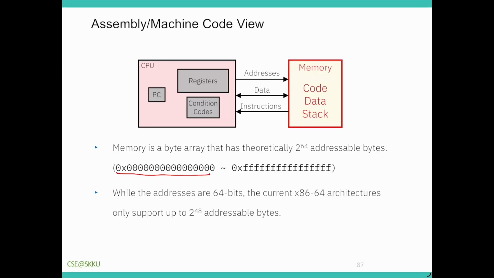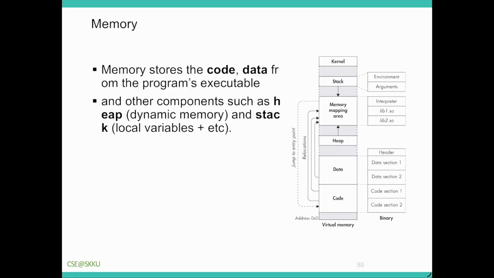When we store an address into another memory location or in a register, we usually call it a pointer, right? So a pointer, PTR, of another variable means we are storing this memory address into another location, which we commonly call pointers in C or C++ programming. Memory stores code and data from the program's executable and other components such as the heap or stack.